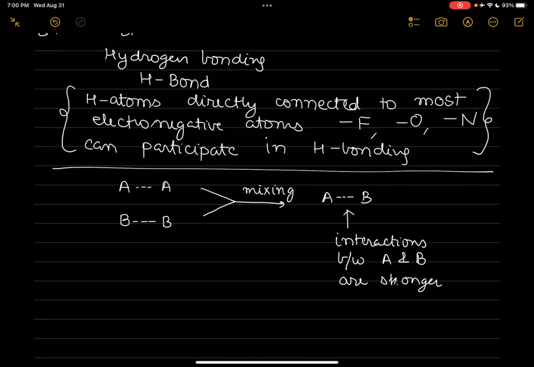If the new interactions are stronger than the AA interaction and BB interaction, then only the mixing can happen.